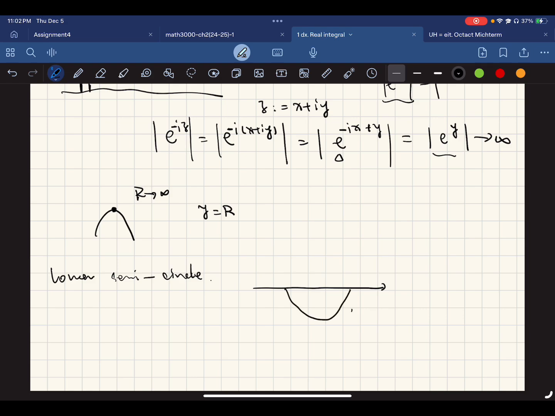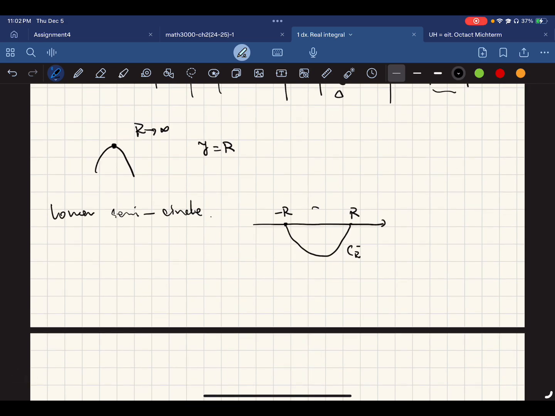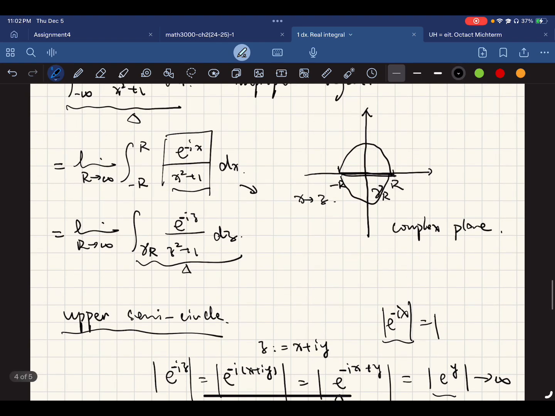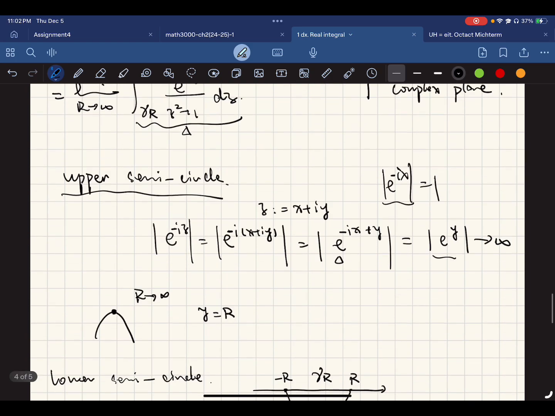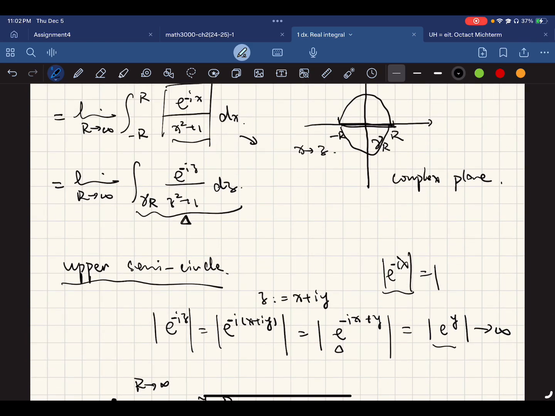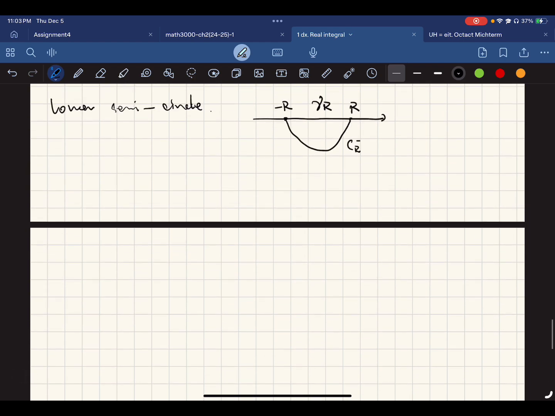The lower semicircle C_R negative, and from negative R to positive R. After we choose this contour, it will be gamma R and C_R negative. Let's do the calculation. Our target is to figure out this integral, and we can convert the integral over gamma R, where I denote the integrand as f(z), into the closed contour.